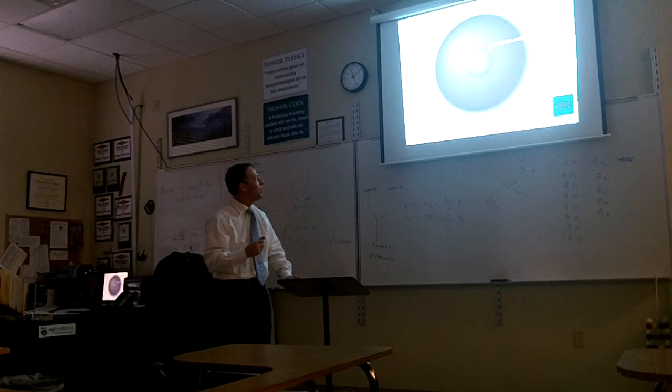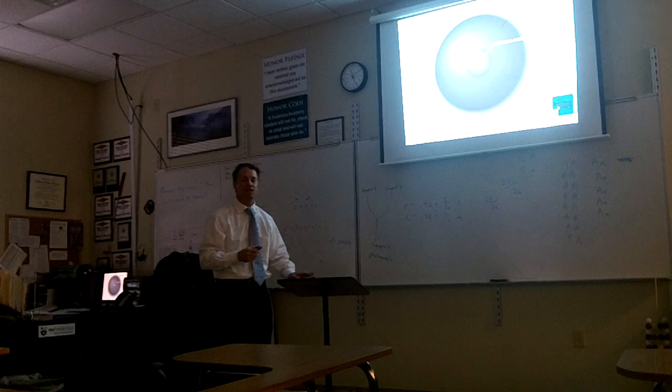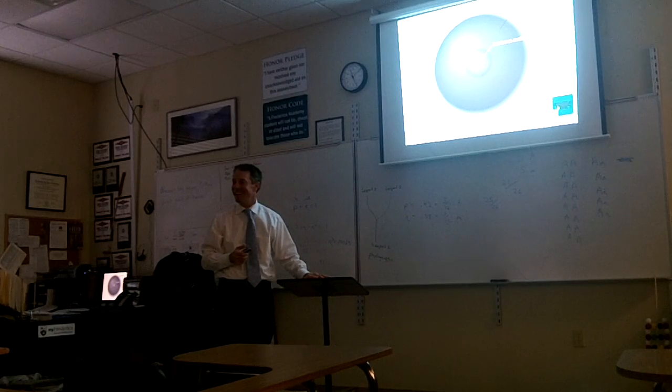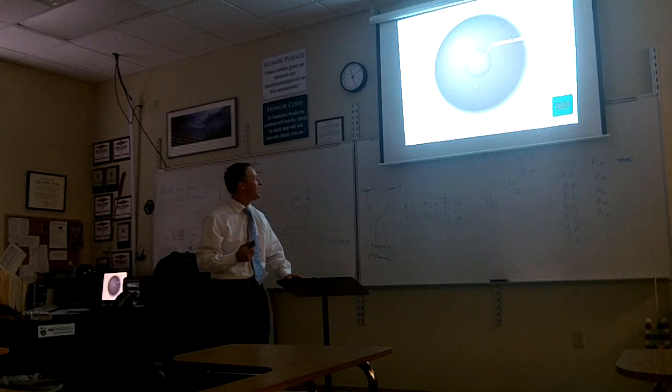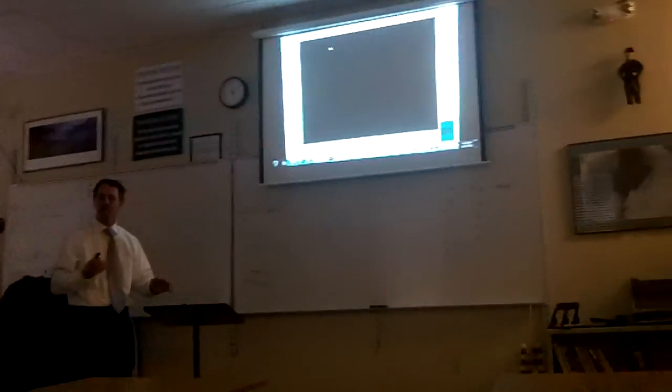That will bend light, and you can tell it's there by the bending of the light. That's called gravitational lensing. It's really cool. I'll show you gravitational lensing in just a second. Dark matter is important. It's probably the biggest discovery of my lifetime.